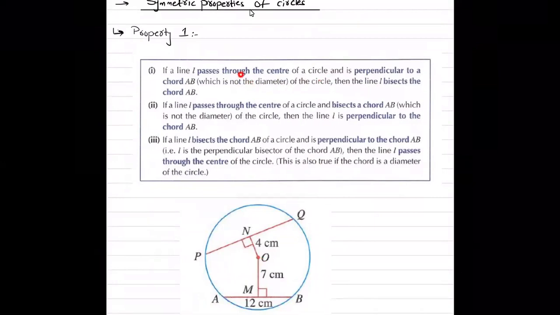Okay, so if there is a line L that passes through the center of the circle and is perpendicular to the chord AB of the circle, then the line bisects the chord AB.